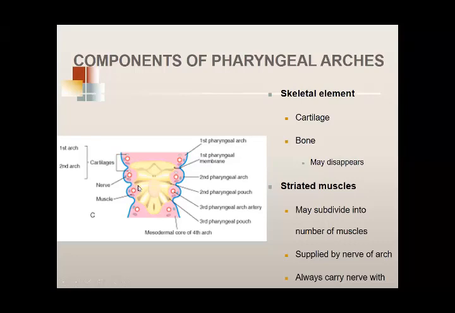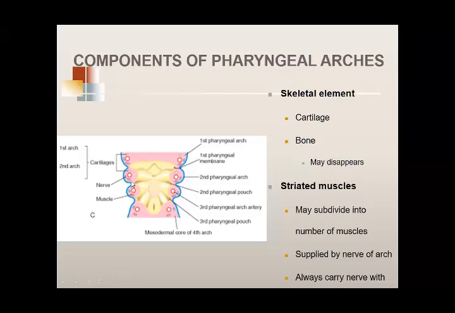It is bulging out. And this structure that is formed by the bulging out of the endoderm is called the pharyngeal pouch. Here, pharyngeal pouch formed by the bulging out of the endoderm of the pharynx. On the outside, the ectoderm in the region of loose mesenchyme.